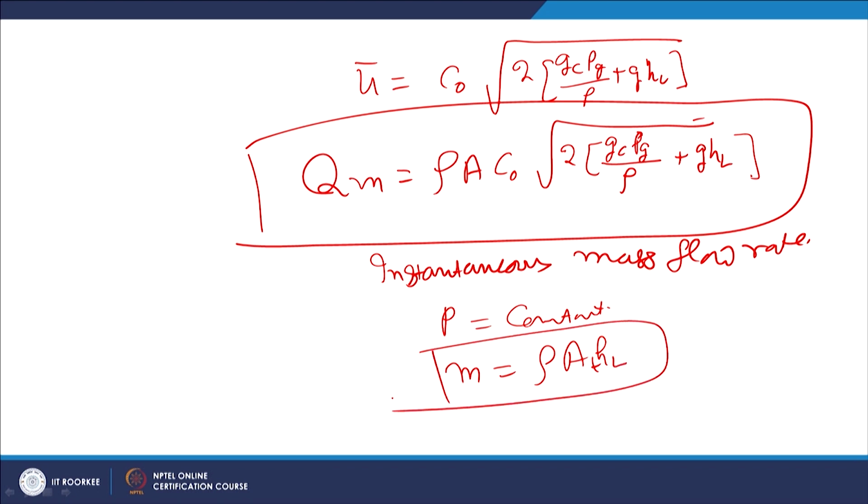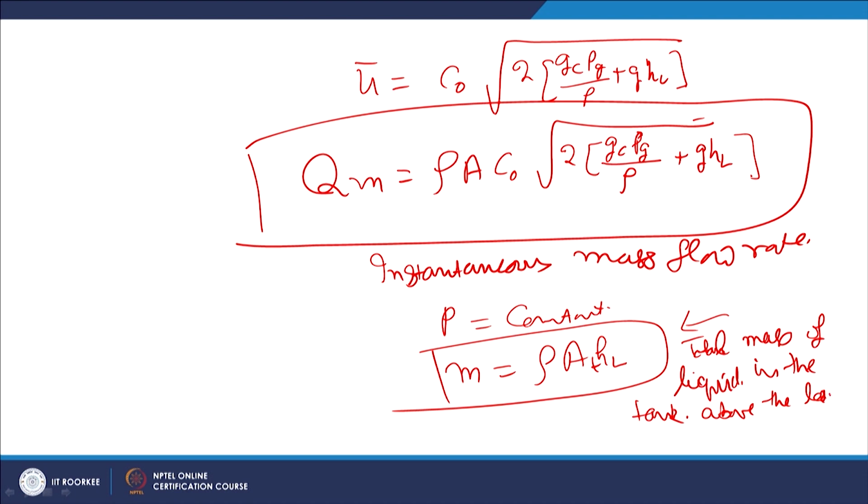So this is the total mass of liquid in the tank above the leak. That is like this. You have the leak over here. So this is the total mass.